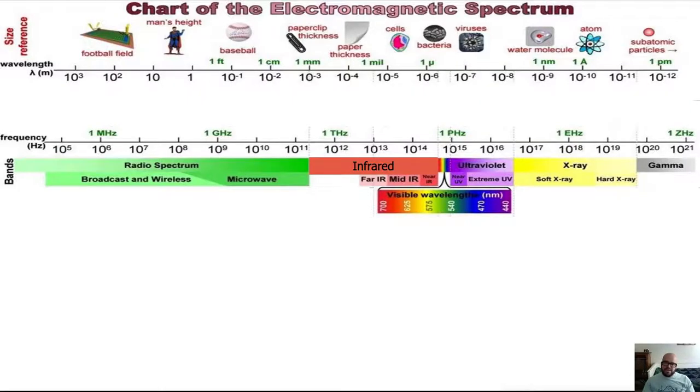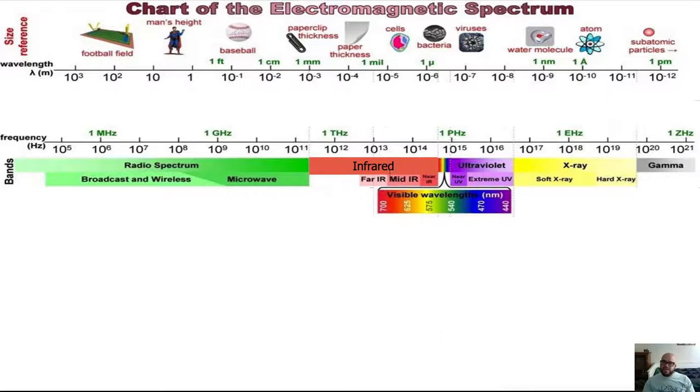Here goes a chart of the electromagnetic spectrum. A spectrum is just the wide range of things that are related to each other. So these are all different kinds of light. And on this end, with very long wavelengths, that could be kilometers long, are radio waves, and then microwaves are a little bit shorter than that.